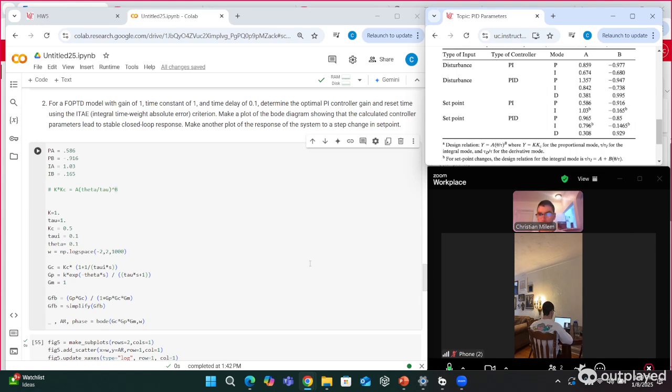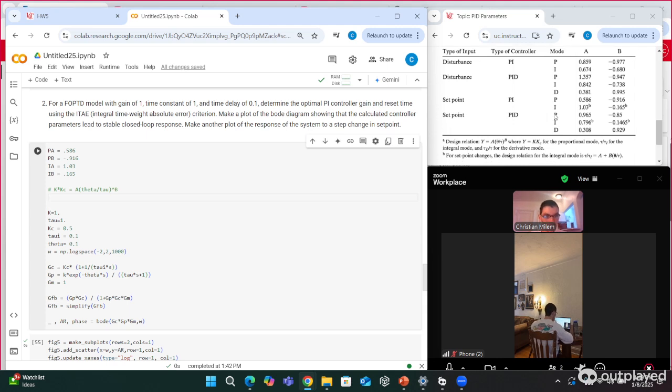All right, there we go. Yeah, it was going to take me a minute to get these written out, and I had to figure out how to set up my display properly. Okay, so for design relation, I'm going to be using these.